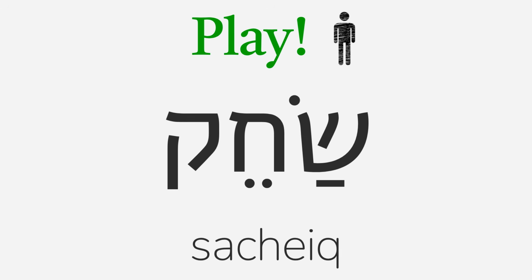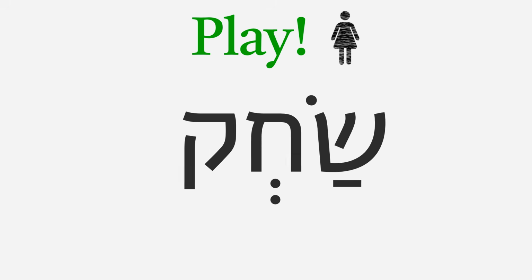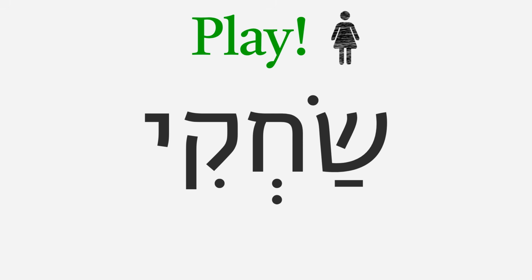The masculine singular command play is sachek. To make the feminine singular command, we are supposed to shorten the vowel on the second root letter to a schwa and add an e ending. But if the second root letter is aleph, ein, chet, or hey, this vowel cannot be a schwa, and so will be a patach schwa.